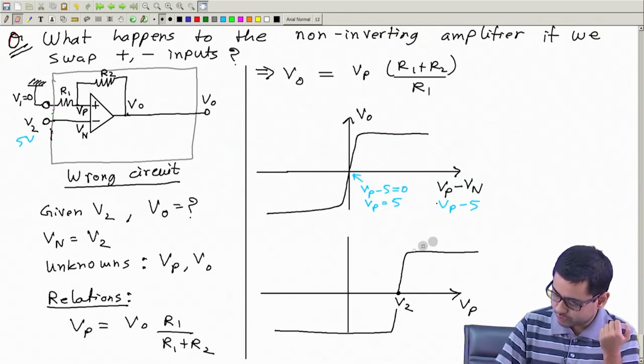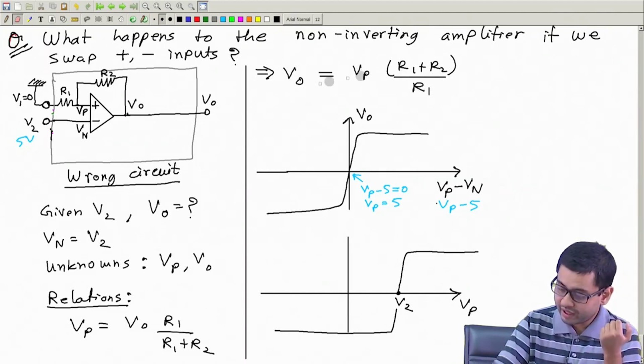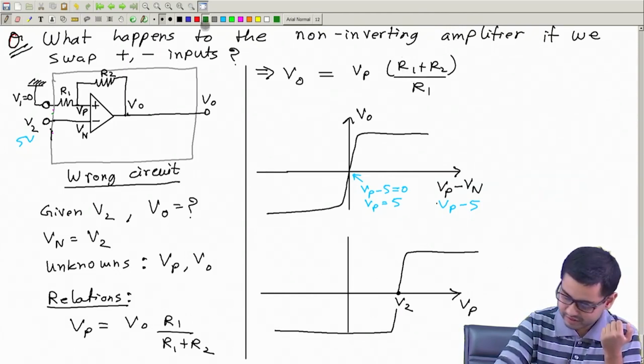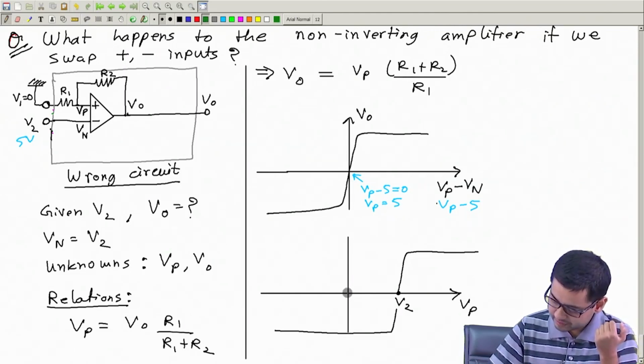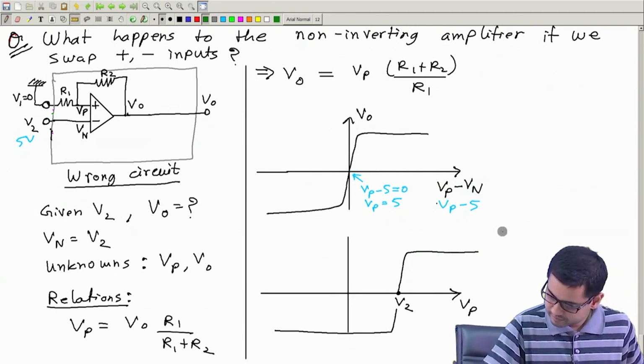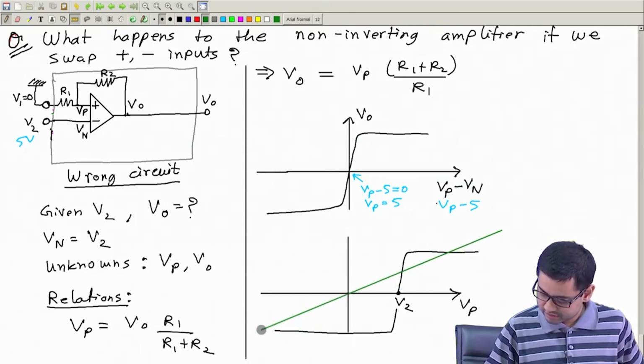That's it. So this is one relationship. Now let me draw the other relationship. This is y equal to x times a positive constant. So it will be a straight line passing through the origin with positive slope, like this.